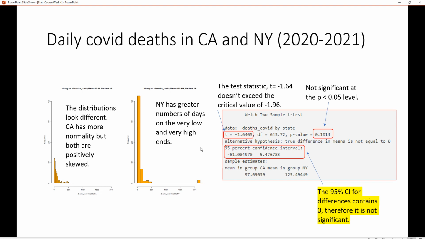We can just see that these distributions do look different, but they do have some similarities. New York has a lot of values on the very low end, but also values on the high end.